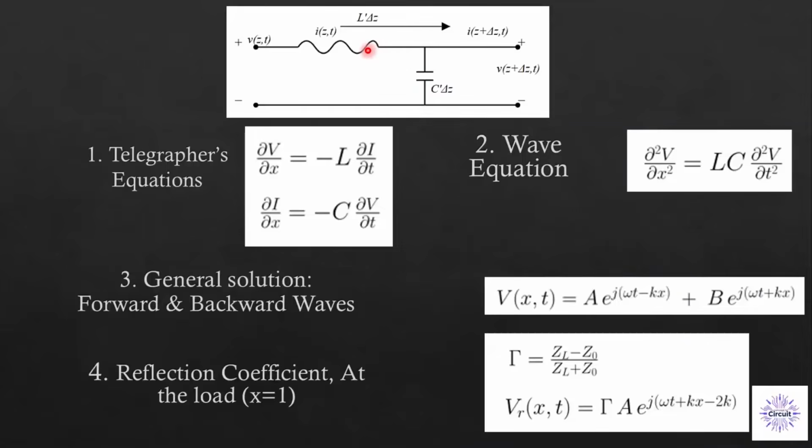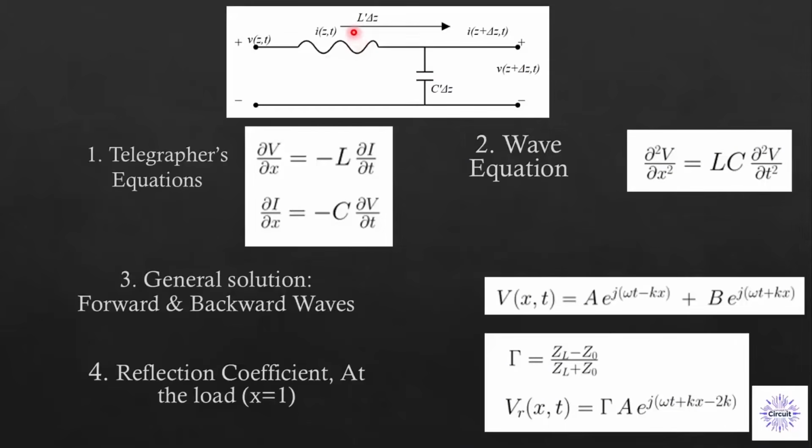When the transmission line is lossy due to skin effect, dielectric loss, or other effects, a resistor and a conductor are added to this. But for now, let's say our transmission line is lossless, and we just use an inductor and a capacitor to model it.